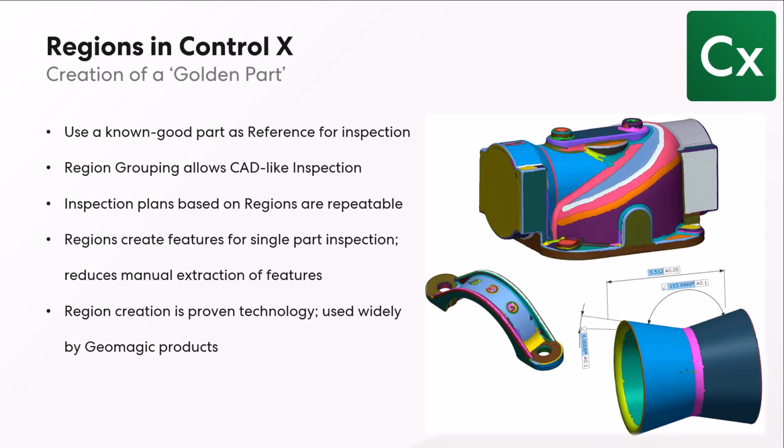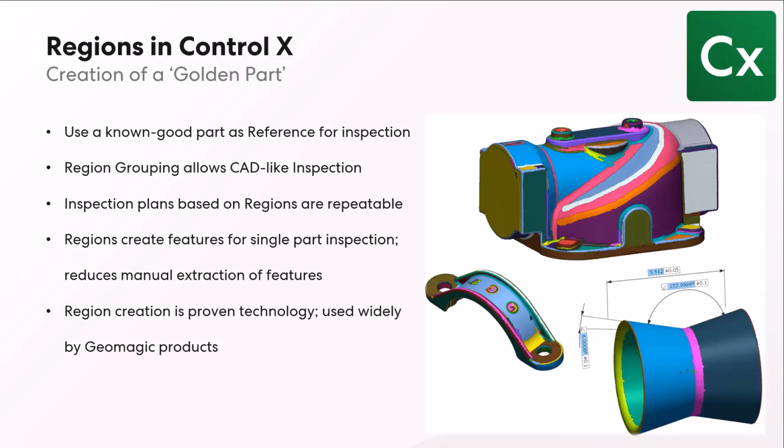manually extract out features. The inspection plans based on the regions, we generally use as a part of the repeatable inspection process. So once you lay out an inspection plan on what we call a golden part, you're going to use that again as a basis to inspect your future parts. And then we also use regions as a really great way to just do a single part.